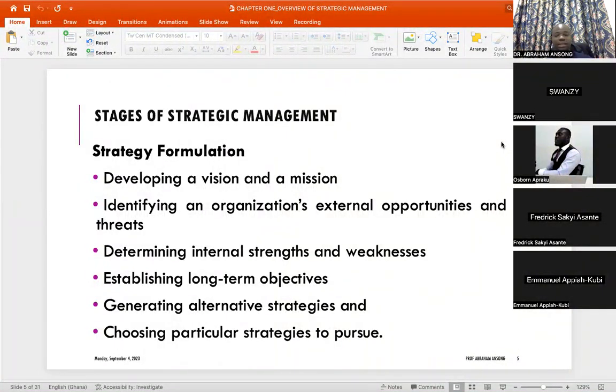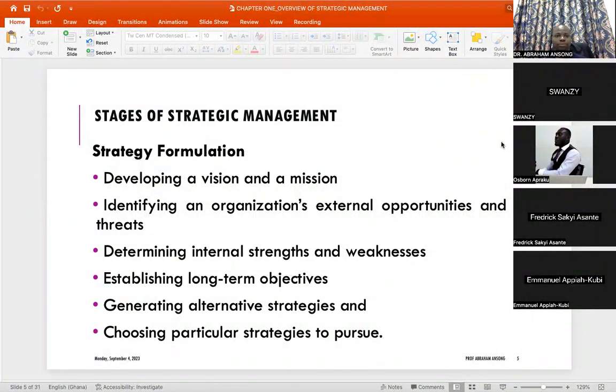We'll be looking at the details much later, but just to say that these opportunities and threats are likely to be coming from what are known as the PESTEL factors. In the external environment, we have the political, social, technological, and economic, and then we're also talking about demographic and environmental.